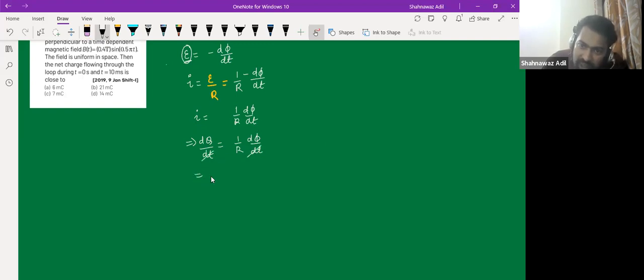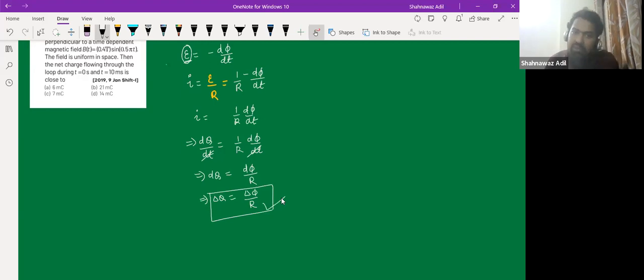So we can directly calculate the charge by just finding the difference, so delta Q would simply be delta phi by R. That is the correct way. But we calculated this thing first and then calculated this dQ by dt, which was wrong. That was the mistake that we made in the last part.